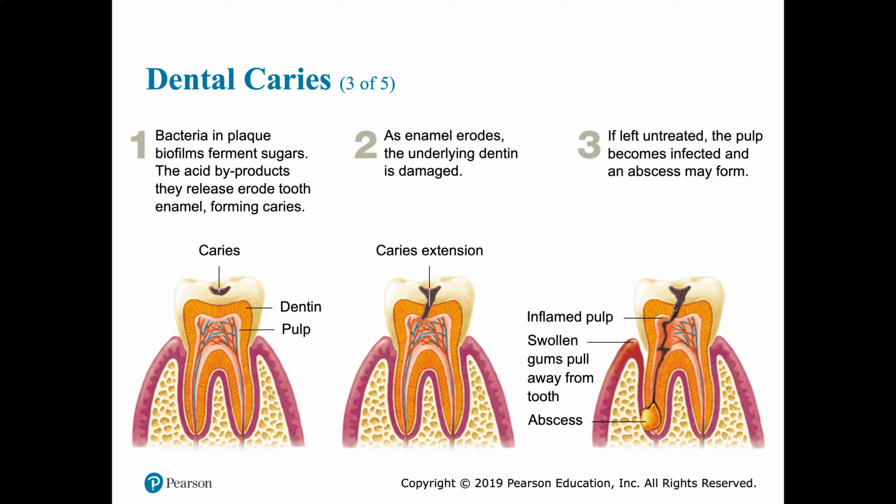So if it reaches this point, depending upon the severity, what the dentist may do as a kind of drastic measure to save the tooth would be to open this all up, and first you would have to clear the abscess. So they would give you antibiotics to clear the abscess.